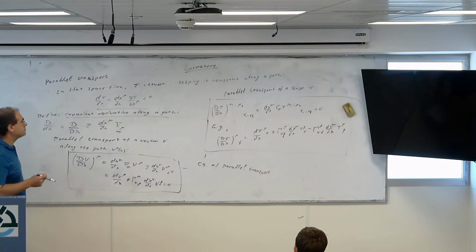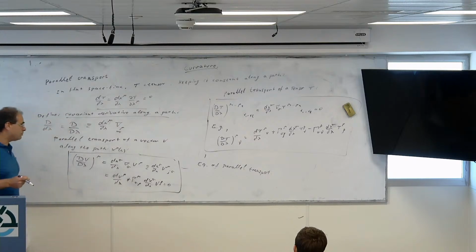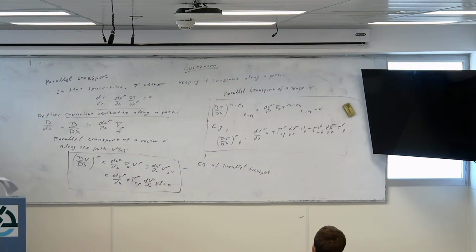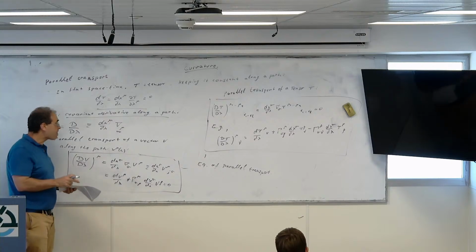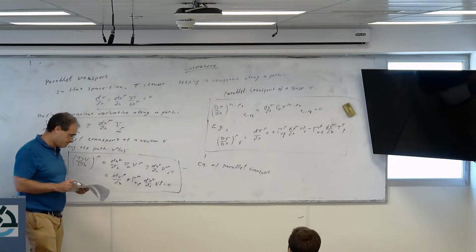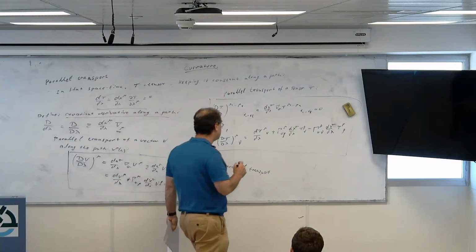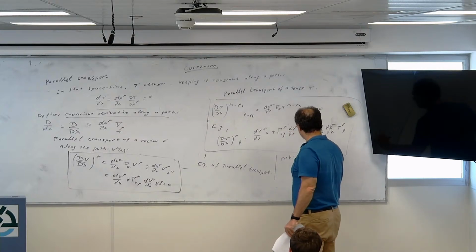Essentially, think of it as an initial value problem. If we have a path x^mu of lambda, let's say we have a path which is defined by x^mu of lambda.